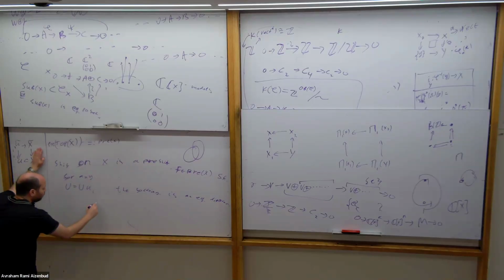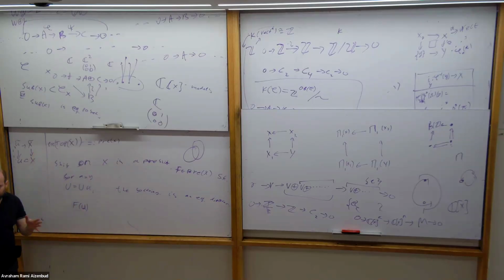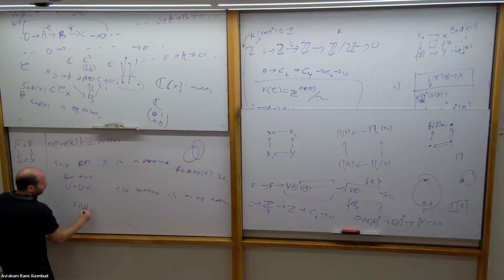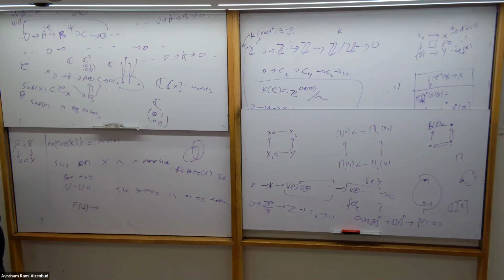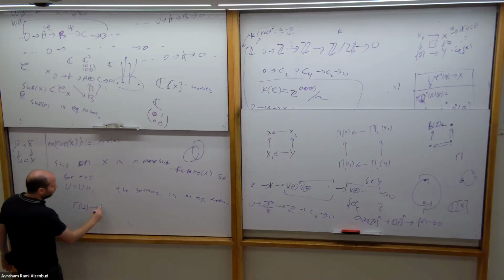What's the diagram? We have F(U). You remember that a presheaf is a contravariant functor from the category of open sets, so F(U) maps to each of the F(U_i), because the U_i are inside U, so we map in that direction, and we also have to map to the pairwise intersections.